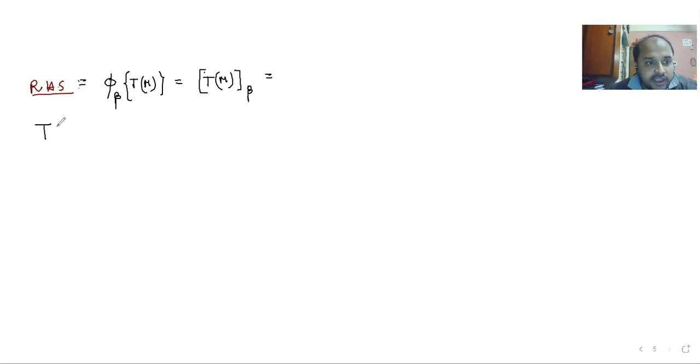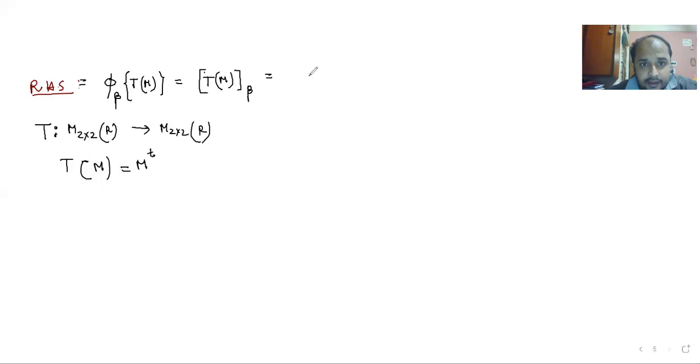T is the transformation taken from M2 cross 2 R to M2 cross 2 R. When we choose an element M from M2 cross 2 R, then it becomes the transpose.